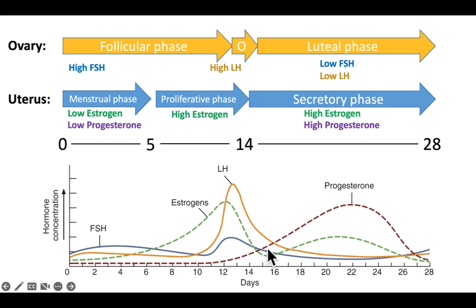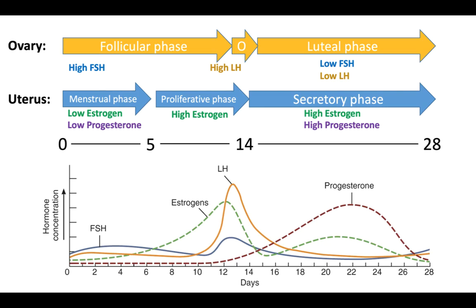When estrogen goes up and progesterone goes up during this post-ovulation period, that lowers the FSH and LH. So we don't want FSH and LH after ovulation because we have to see what happens to this ovulated egg. Okay, so that introduces the phases, the ovarian and uterine cycle, and the hormones.